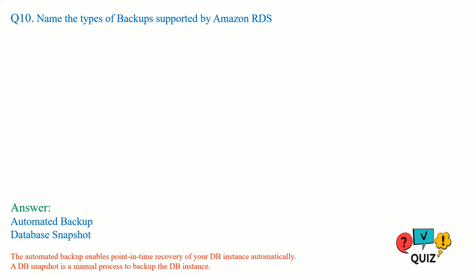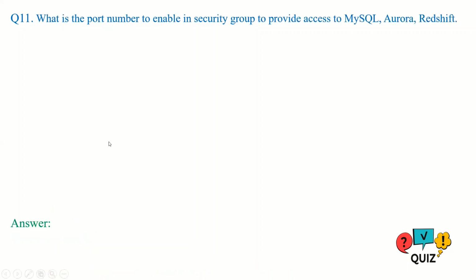These are the 2 types of backups supported by Amazon. Even if we initiate a delete operation on a database we have created, a snapshot gets created. With the help of a snapshot, we can still retrieve or recreate the database.